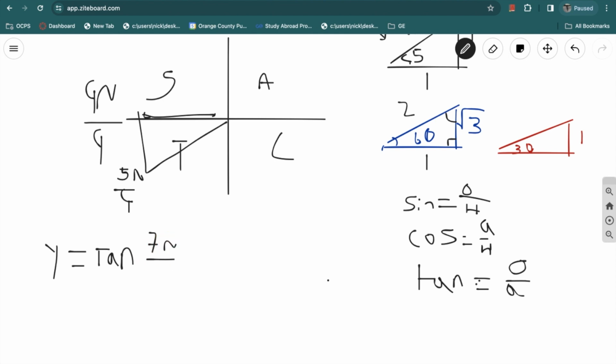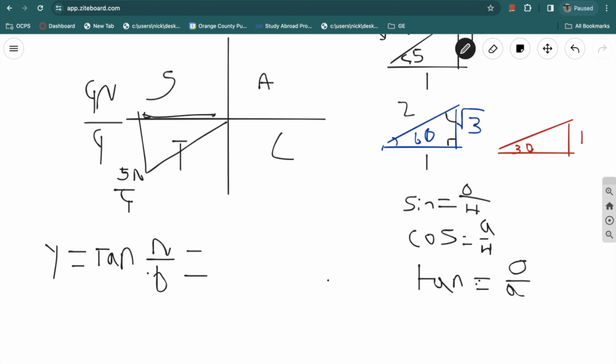Let's do, what do we want to do? We'll do pi over 6. So now our first step is to recognize what the problem is asking here.